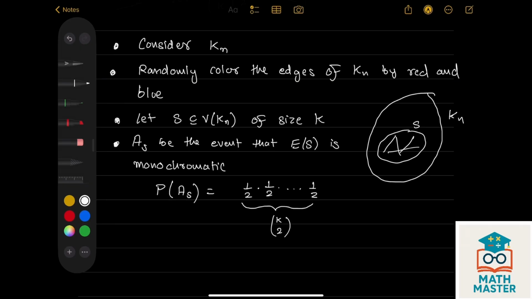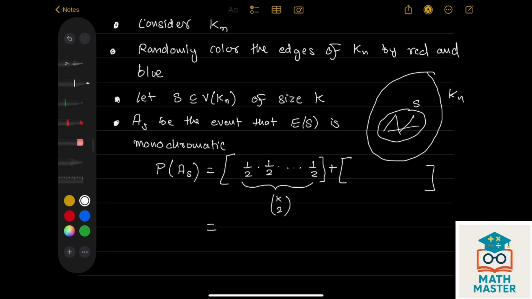But we are missing one thing: we considered that all the edges in S are colored red, and we can do the same thing when all the colors are blue. So this gives 1/2 to the power k choose 2, into 2, which is 2 to the power 1 minus k choose 2.